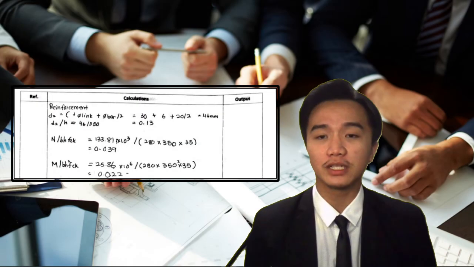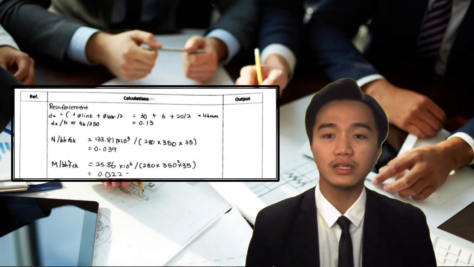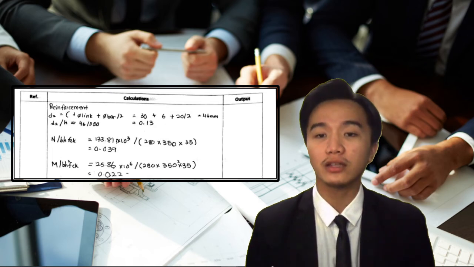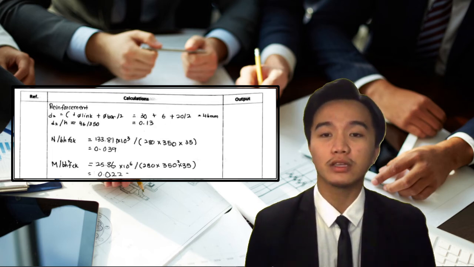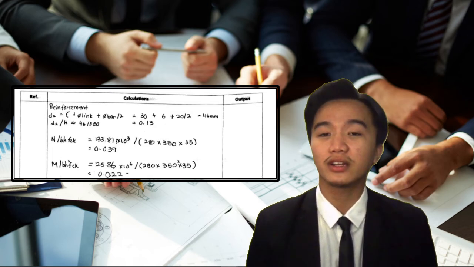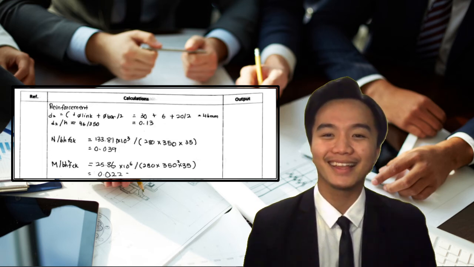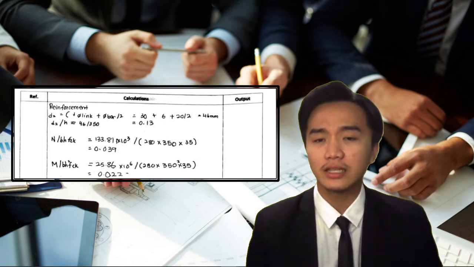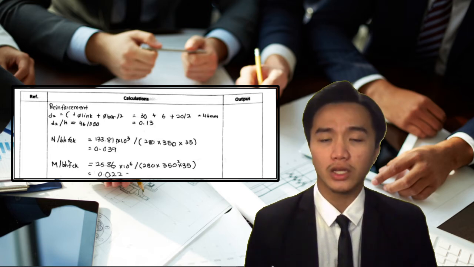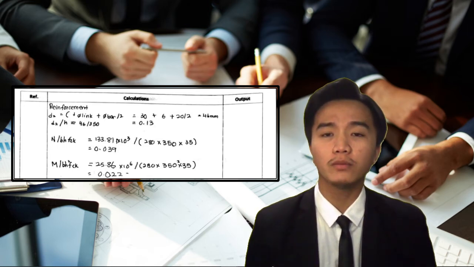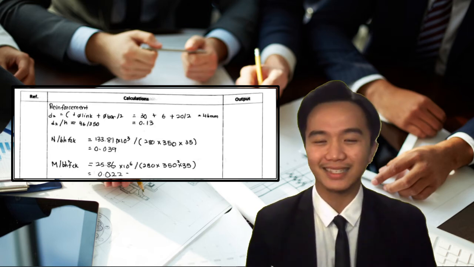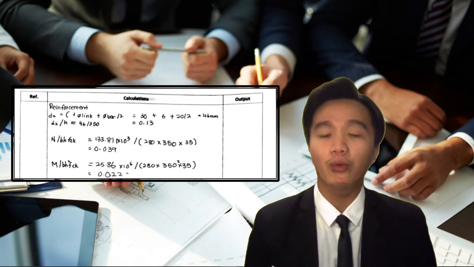For our reinforcement, as stated here, for our d2, we have to divide by h in order to get our amount here, which is 46 divided by 350, which equals 0.13. Since the minimum of the column design chart does not intersect, therefore our As min was used as column reinforcement.